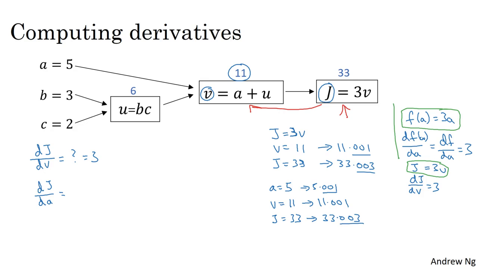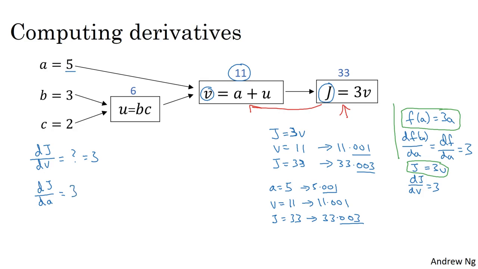And by increase a, I mean, if you were to take this value 5 and just plug in a new value, right, then the change to a will propagate to the right of the computation graph so that j ends up being 33.003. And so the increase to j is 3 times the increase to a, so that means this derivative is equal to 3.